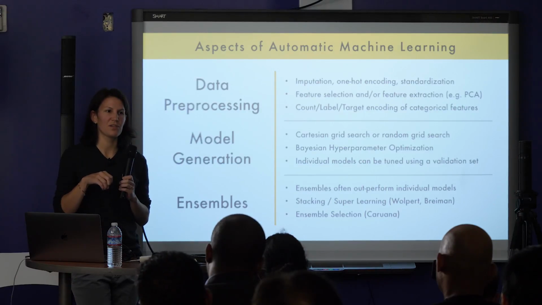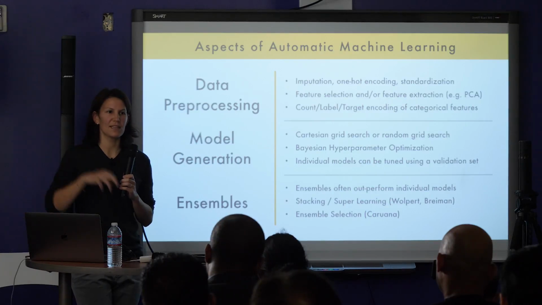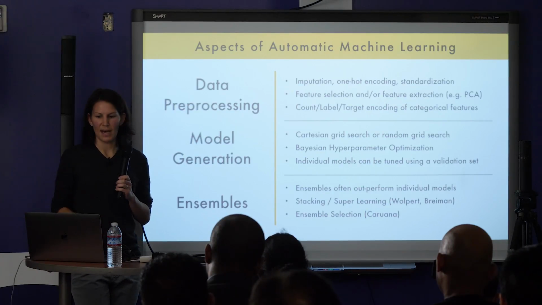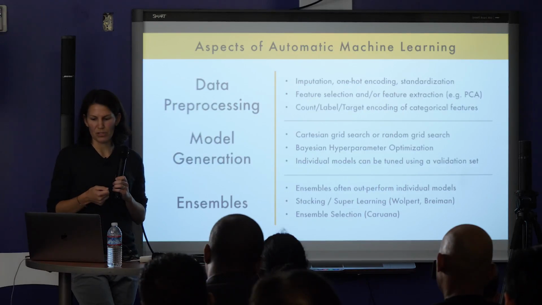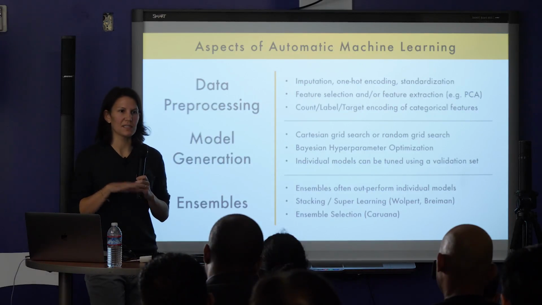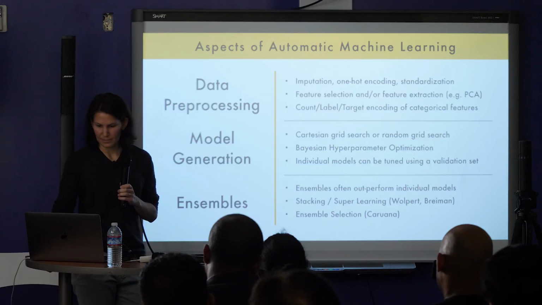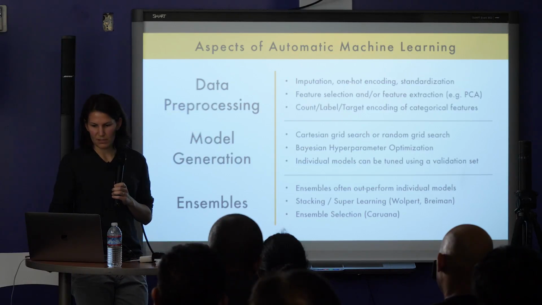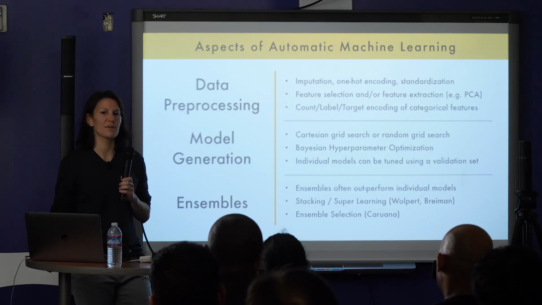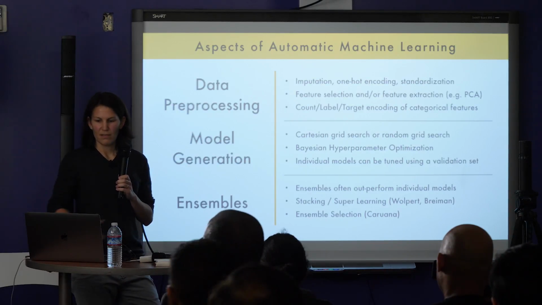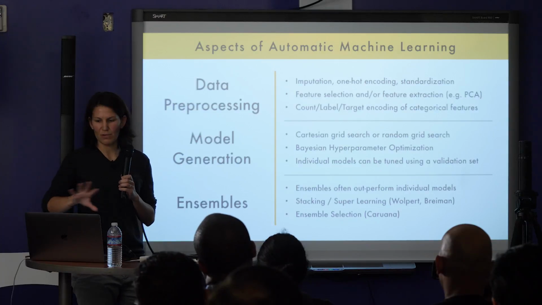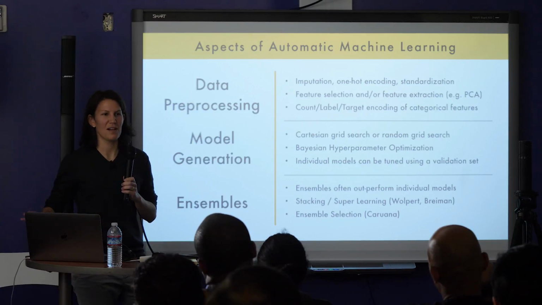And then there's another version called sampling with replacement, where you could possibly randomly select the same model multiple times. So it's this greedy approach of putting models in until it doesn't help you anymore. Okay, so those are a whole bunch of different topics that would fall under automatic machine learning. And of course, the layer that threads these all together is that you want to do these all automatically.